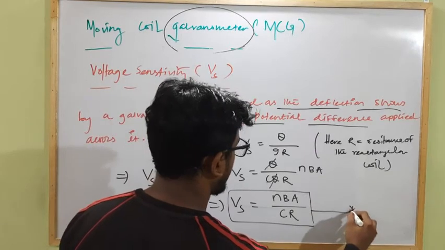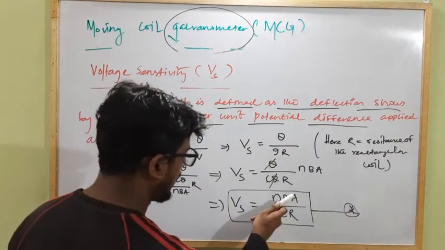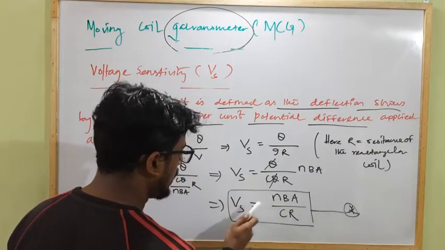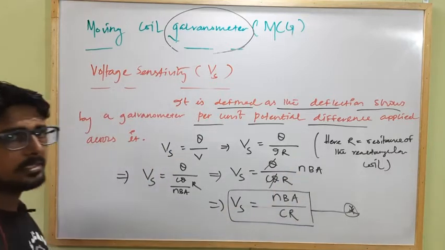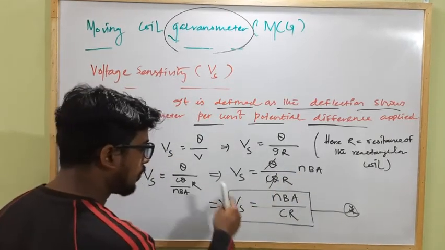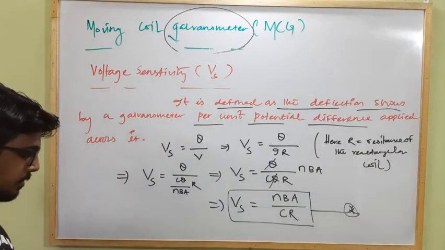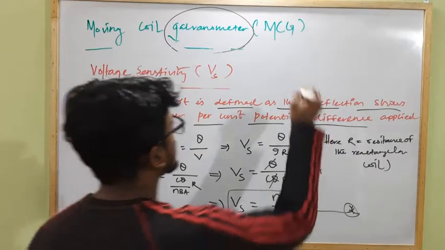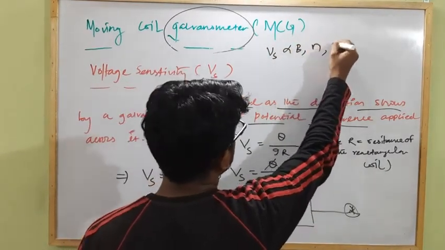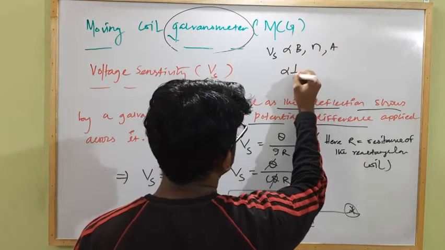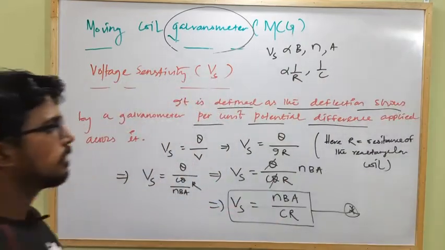Clear? So from this we can conclude that the voltage sensitivity will increase if N increases, if B increases, if cross sectional area increases, but the voltage sensitivity of the galvanometer will decrease if the torsional constant and resistance of the coil increase. So the voltage sensitivity of a galvanometer is directly proportional to B, N and A, and it is inversely proportional to the resistance of the coil and the torsional constant of the spring.